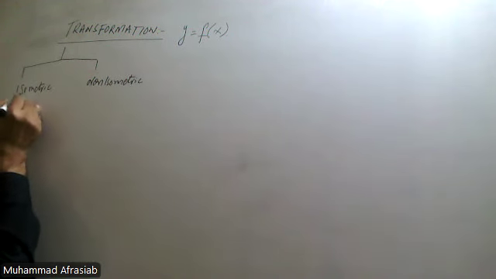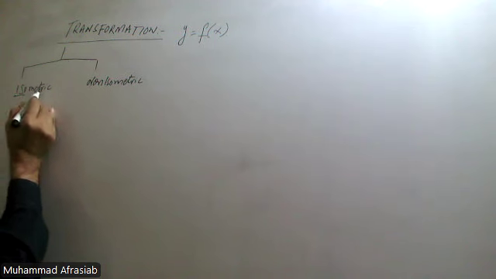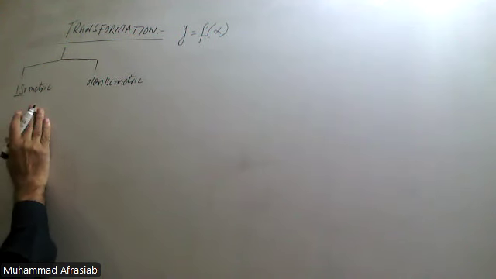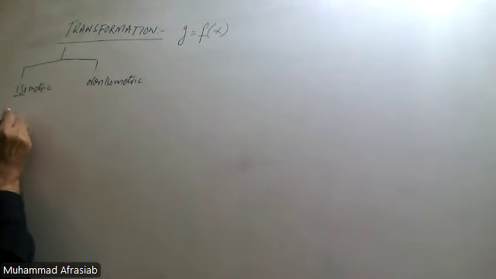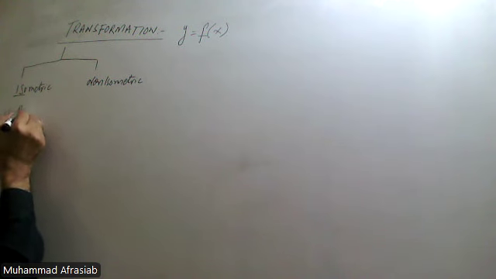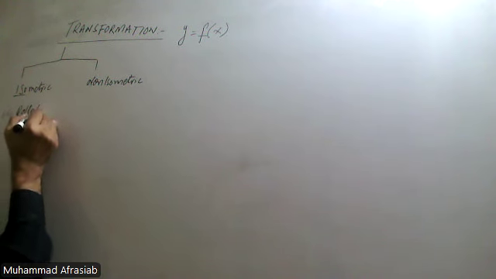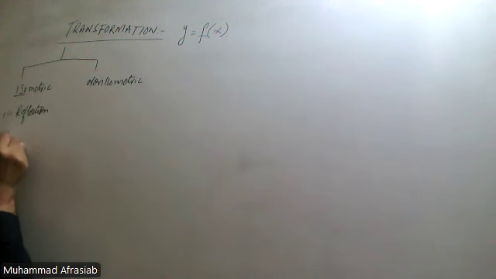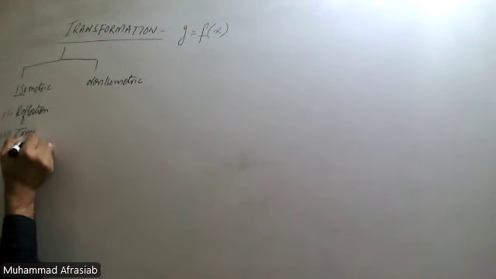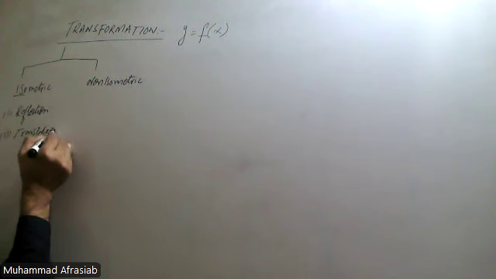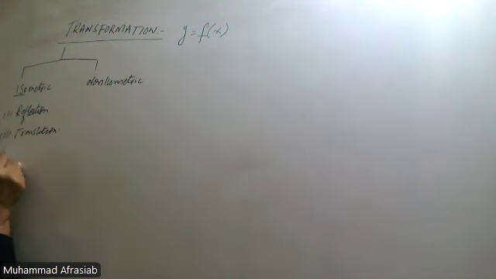Iso means same. So when the measurements are the same, it is called isometric transformation. And in this, we have three categories. One is reflection, another is translation, and the third is rotation.